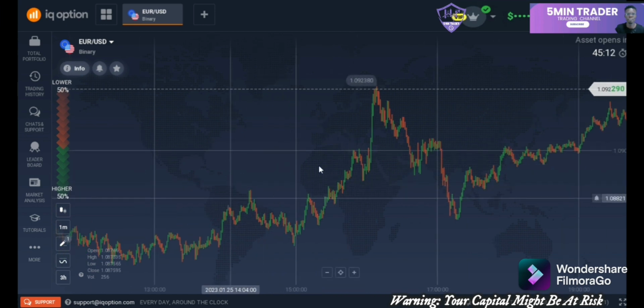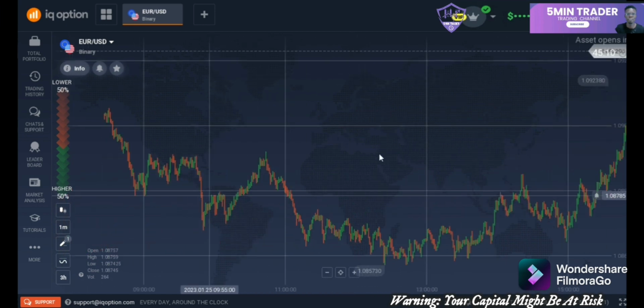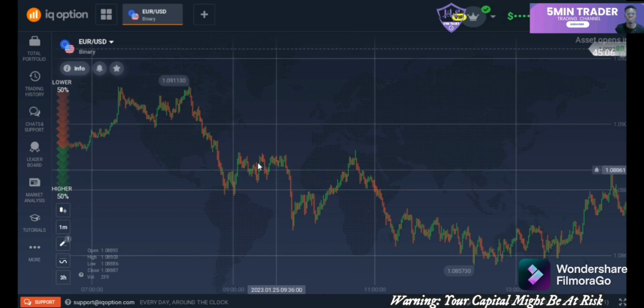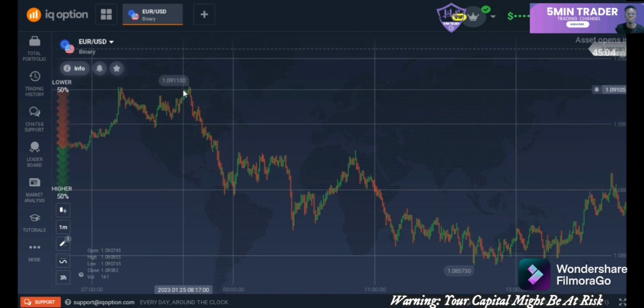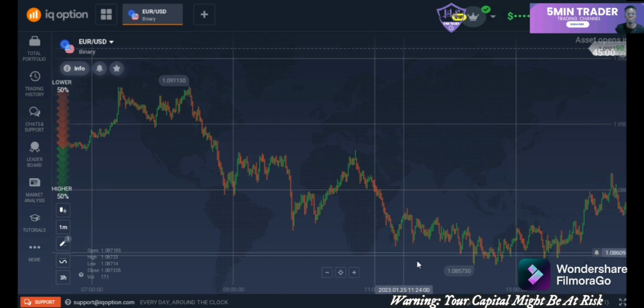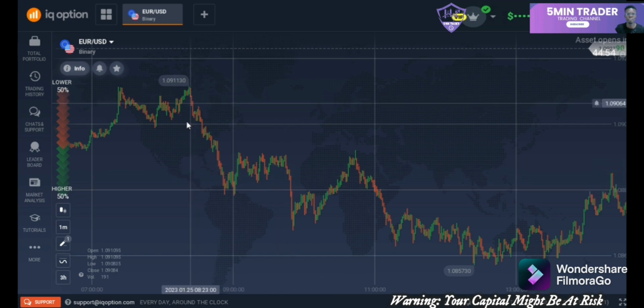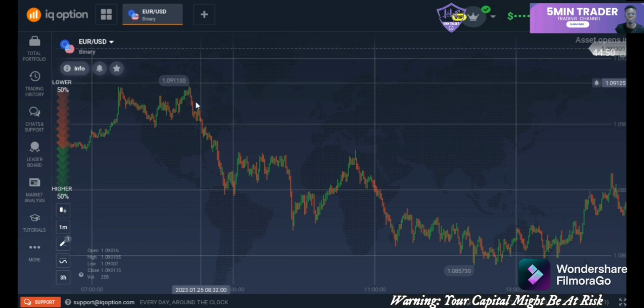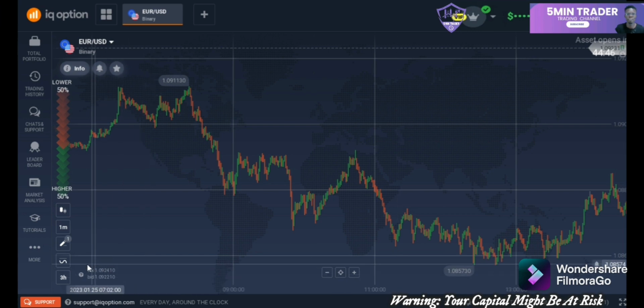Now how do you know a downtrend? A downtrend is very clear. You are going to see that the market is moving from the top position down to the lower part of the chart. What is common with the downtrend is you are going to see lower lows and lower highs. As for this area of the market, let's assume the market is currently here.